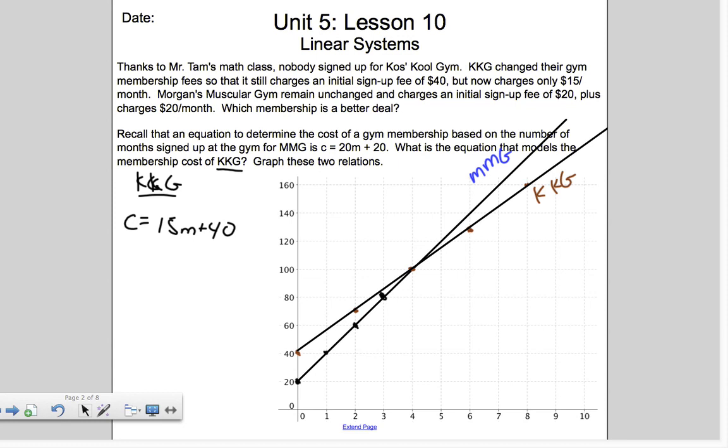But try your best. Yeah, because to me, every 2 months cost 30. It was a little bit easier for me to see at 30, as opposed to trying to get 15.